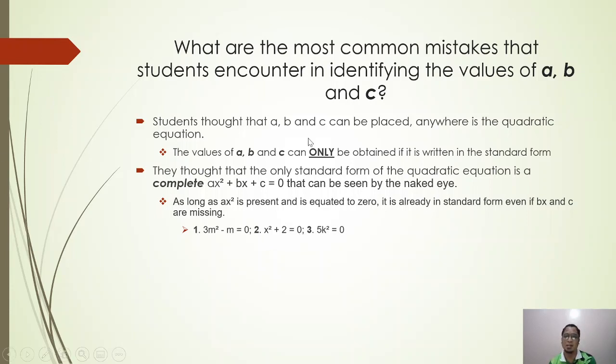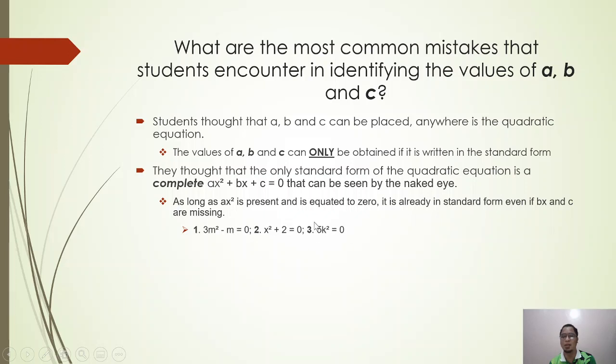Last, number 3 example natin. 5k squared is equal to 0. Ayan, present pa rin po yung ating ax squared, yung may exponent na squared. Pero wala kang makikita na bx at saka c. Sa makatwid, ang value ng a ay 5, ang b, 0, at ang c, 0 din.